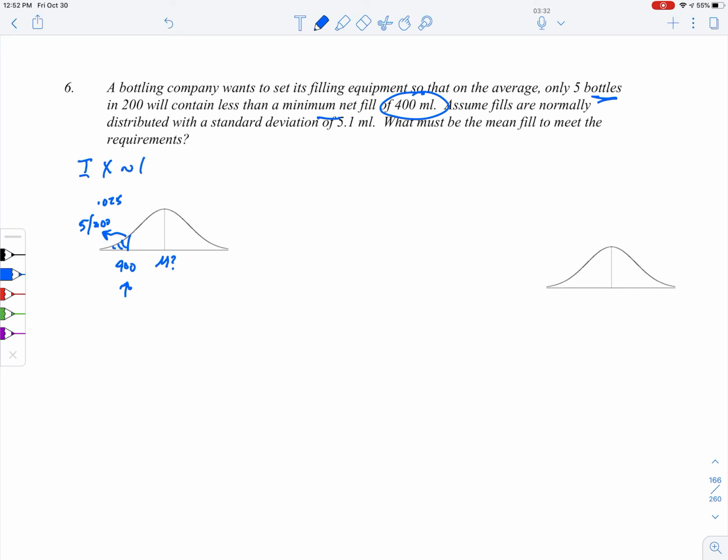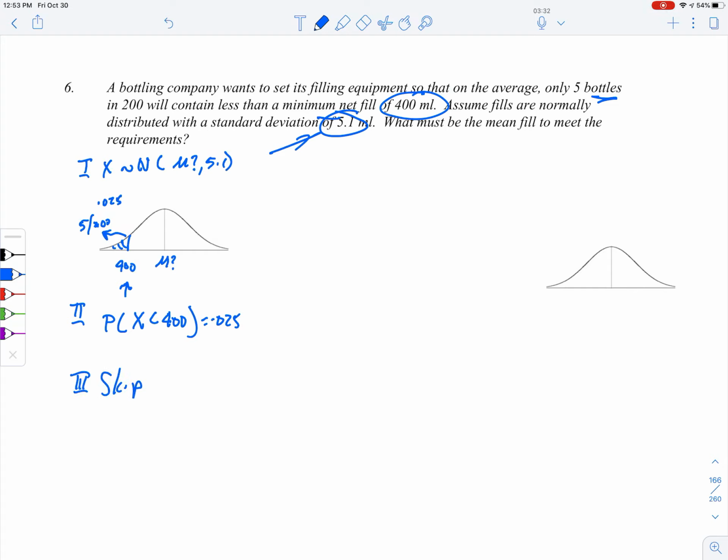Assume that fills are normally distributed with some unknown mu, but a standard deviation of 5.1 mils. That's right there. Okay, so we're looking at this. What's the probability that x is less than 400 is equal to 0.025?